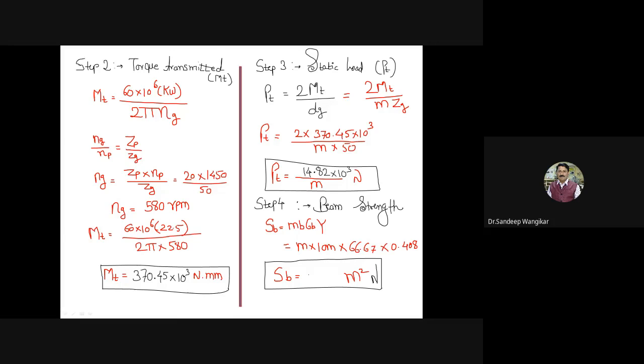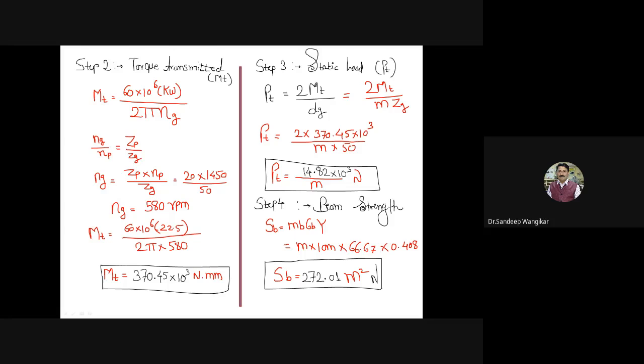So SB in terms of module square, what will be the value for this? 272.01 module square.